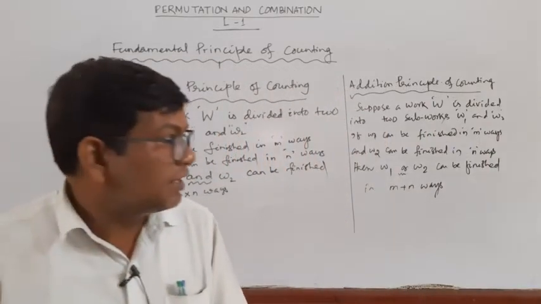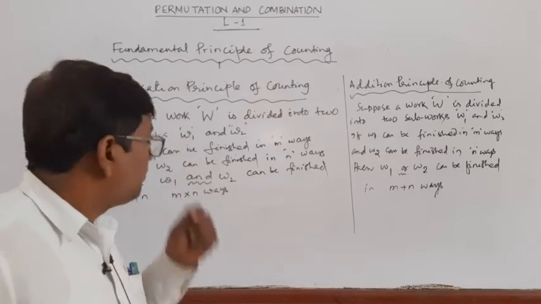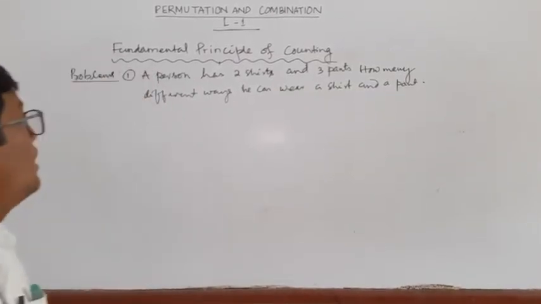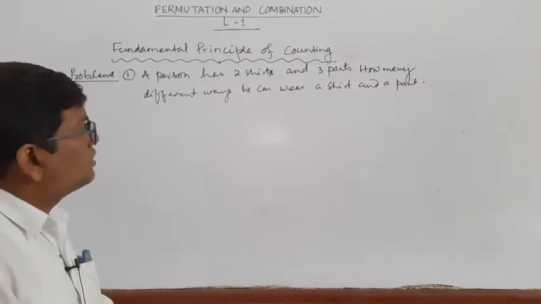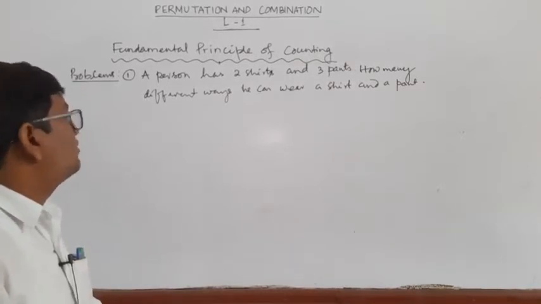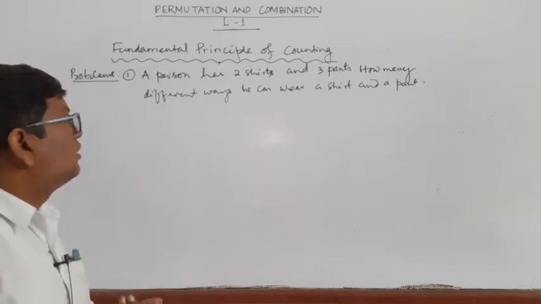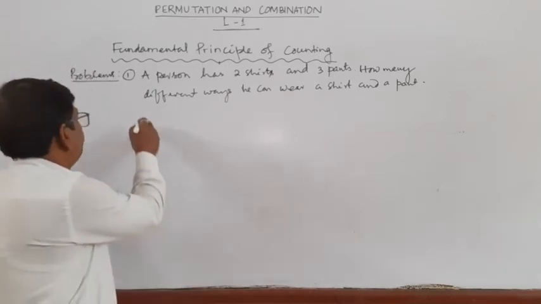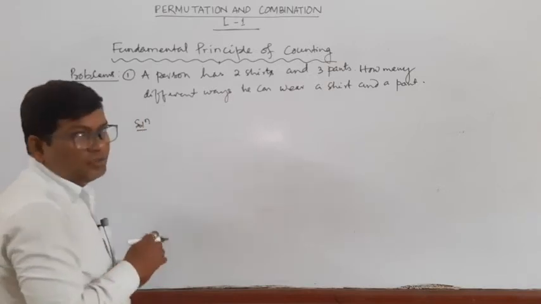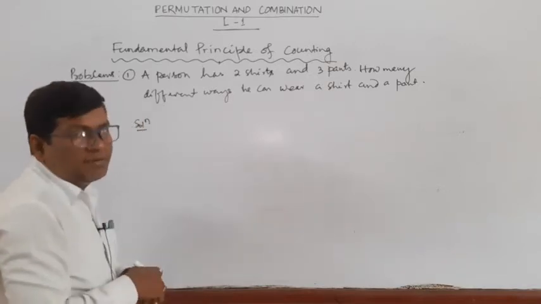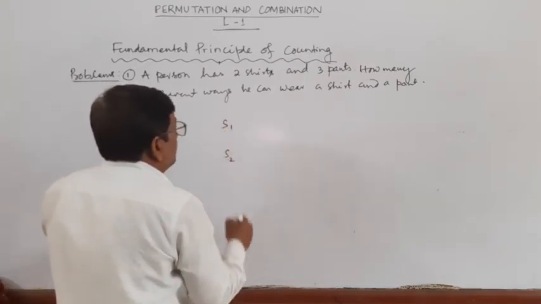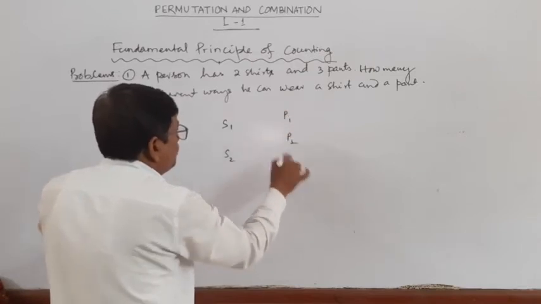Now, some examples based on the multiplication principle and the addition principle of counting. A person has 2 shirts and 3 pants. In how many different ways can he wear a shirt and a pant? Solution. First, try to understand the concept. Shirt 1 and shirt 2, pant 1, pant 2 and pant 3.